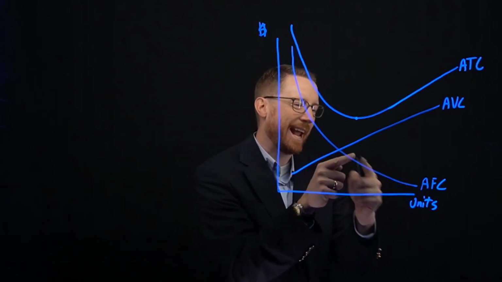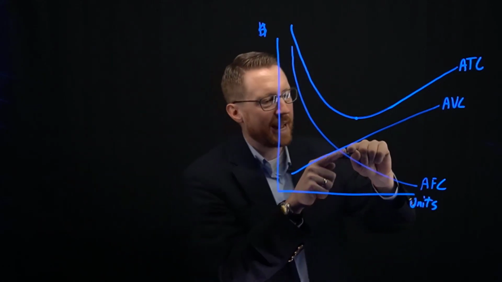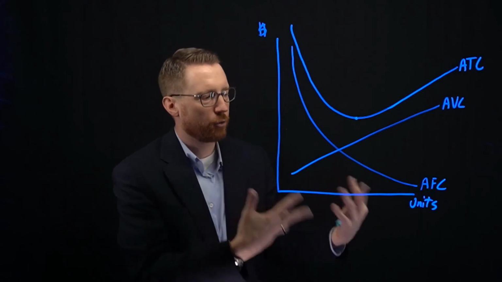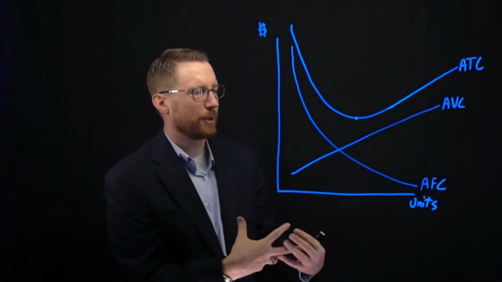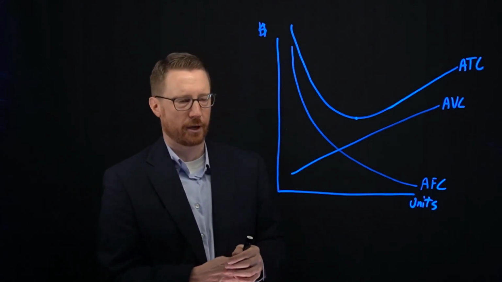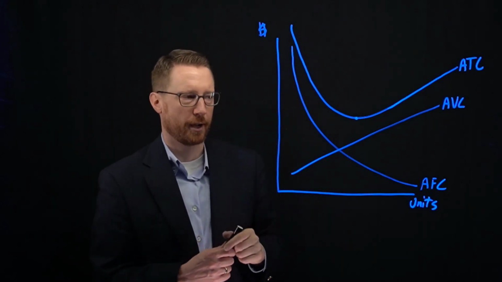This decrease in average fixed cost becomes pretty small. It flattens out. And now this average variable cost increase, trying to find another worker and paying them but not getting as much out of them, now that outweighs the decrease in the average fixed cost. So we get this U-shaped average total cost.